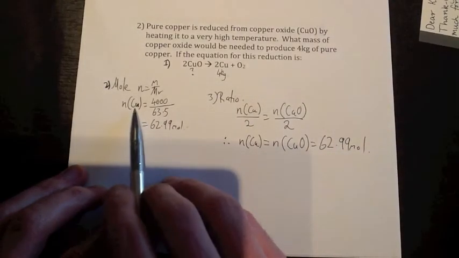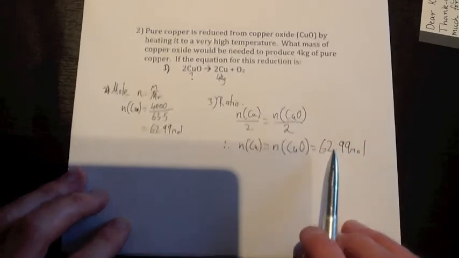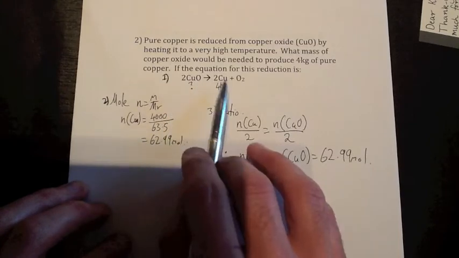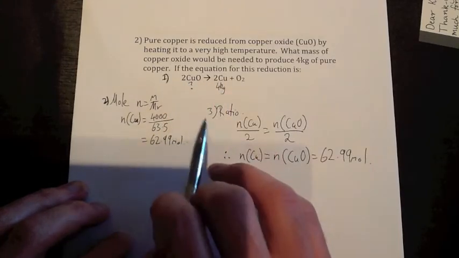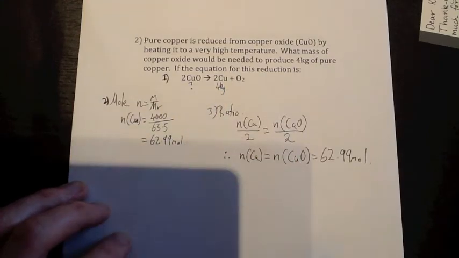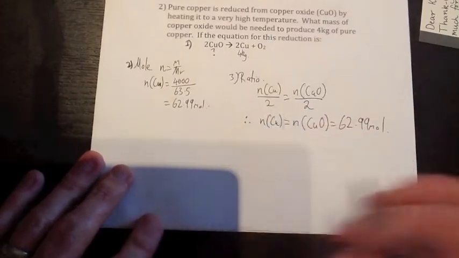Basically it's the same ratio, 2 to 2. If you've got 2 of these, you get 2 of those. If you've got 1 of those, you get 1 of those. If you've got 62.99 of these, you'll have 62.99 of those. And that's the ratio, setting out like this.